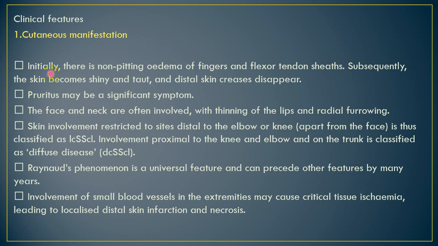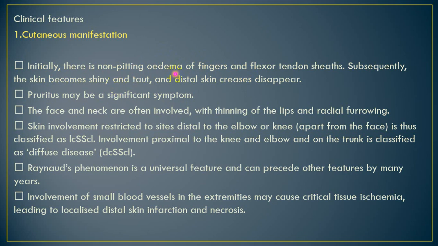As we said, the disease pathophysiology started with inflammation within the dermis. Inflammation leads to swelling. So the disease initially, before the induration, starts with edema within the skin, which is non-pitting, due to the inflammation, which starts in the small fingers and progresses proximally to involve other parts of the body.